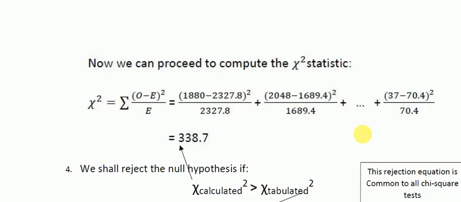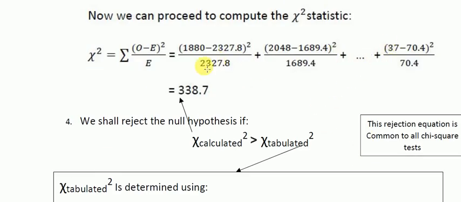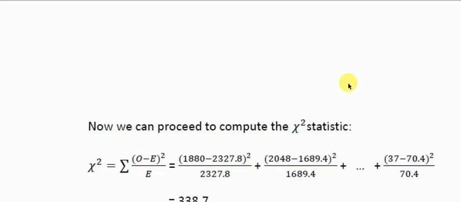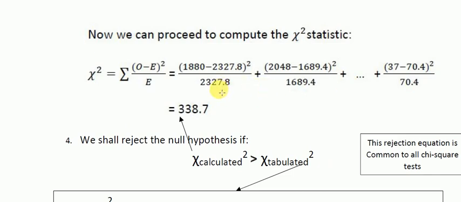So we do it for all the cells, and then we add them all. So 1, 2, 3, 4, 5, 6, 7, 8. We'll get 8 individual values, and then we'll add all of them, and the result we get is the total chi-square value for this test.